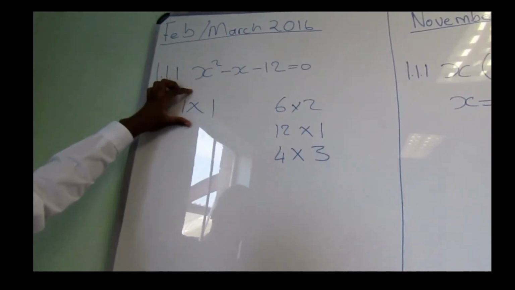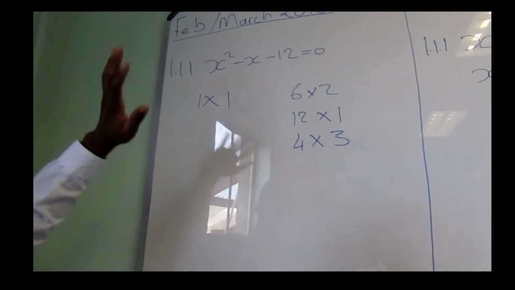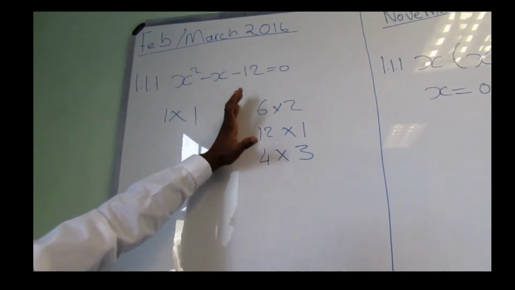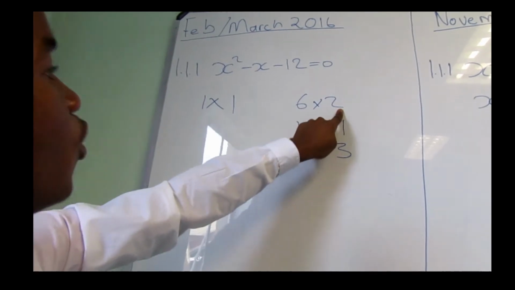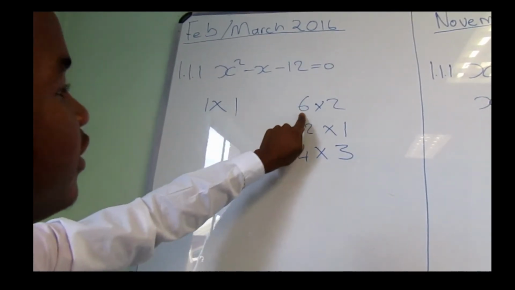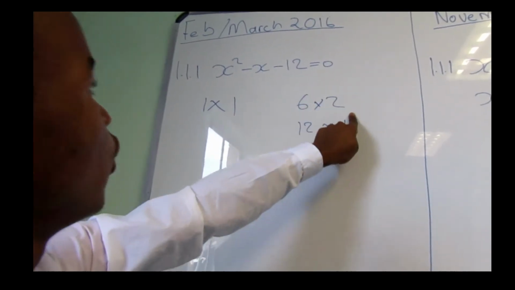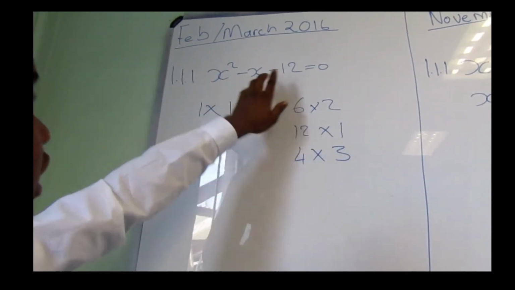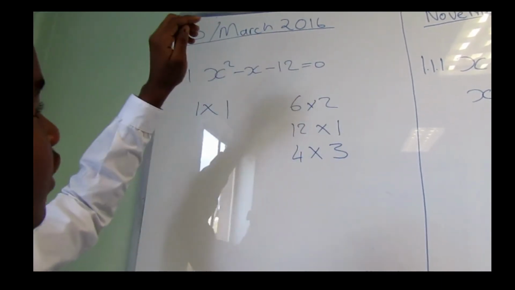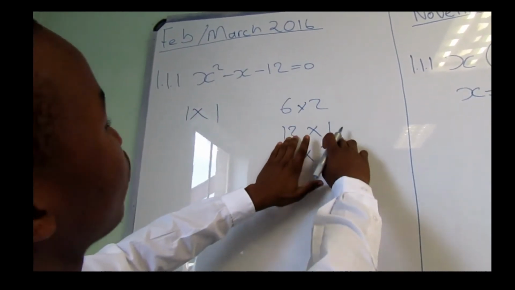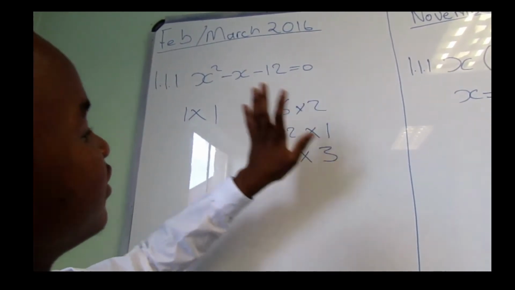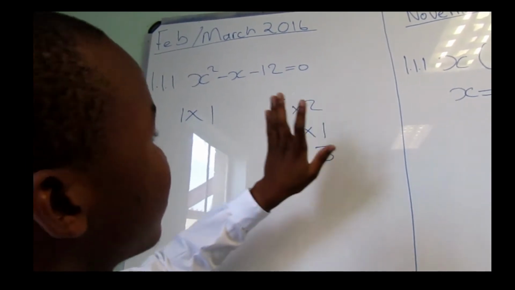Here we will start with x times x is x squared. We don't consider this. We come here and say 6 times 2 is 12. 6 minus 2 is 4, we don't have 4 here. 6 plus 2 is 8, we don't have 8 here. Then here is 12 times 1, 12 plus 1 is 13, 12 minus 1 is 11.